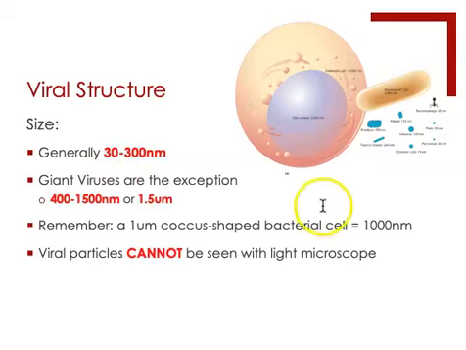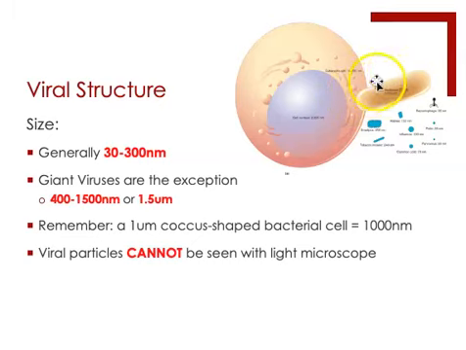The picture over here in the upper right is drawn to remind us of just how small viruses are. This is a depiction of a cell, and it's a eukaryotic cell. So this large orange circle represents a generic eukaryotic cell. Here in purple, this is the nucleus. And you can see other organelles floating in the cytoplasm.